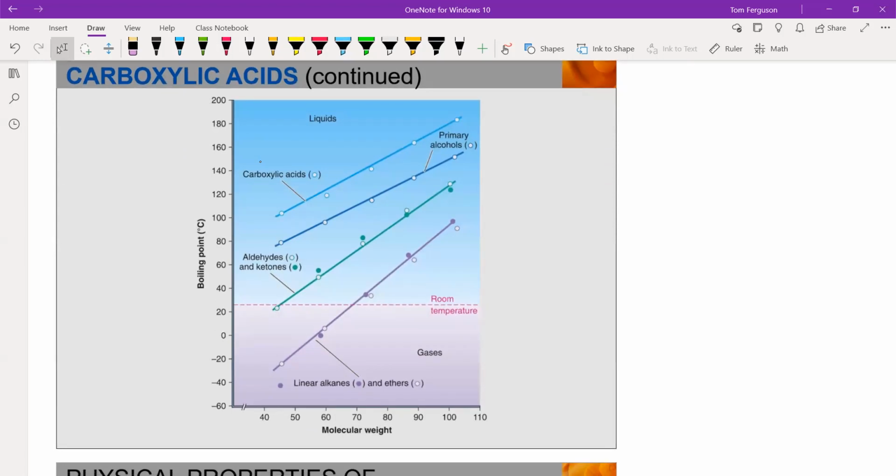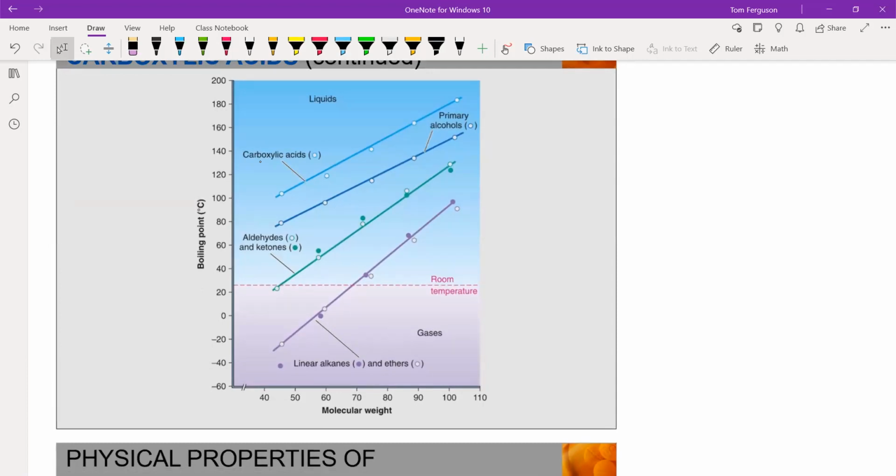Well, here's our graph that we've been following along. So we have alkenes down here, aldehydes and ketones. Next group up. Alcohols, next group up. Then up at the very top are carboxylic acids.